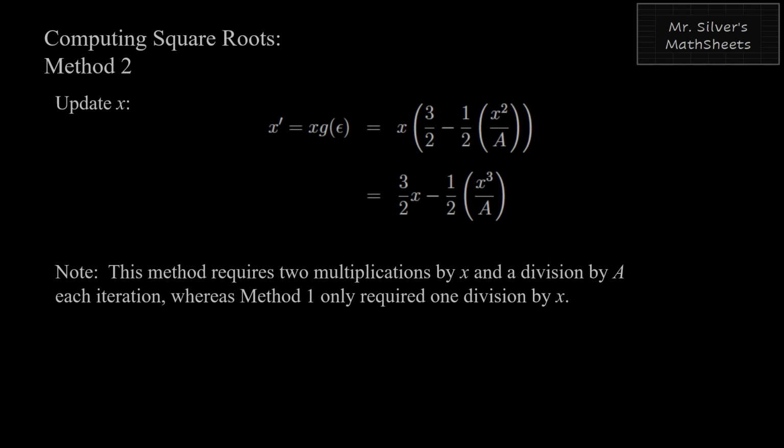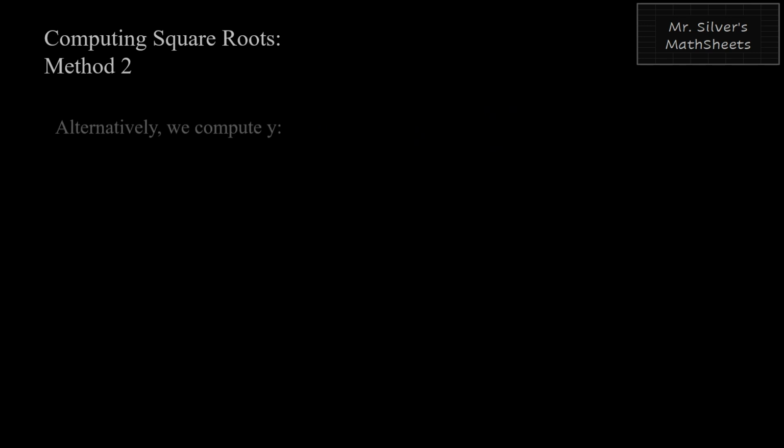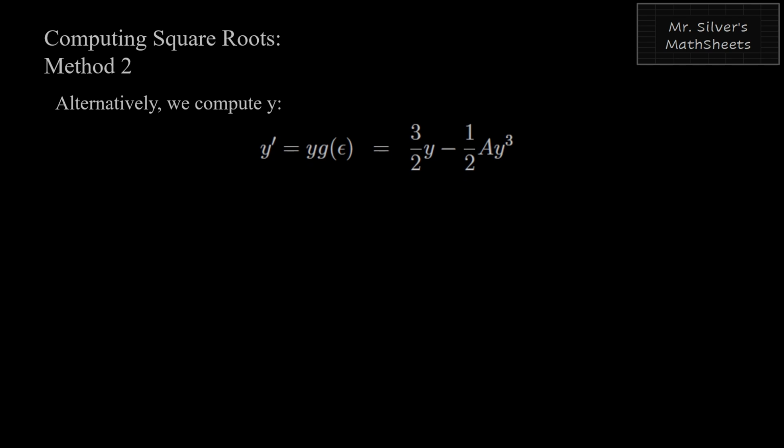The method requires using a kind of a trick. And the trick is we'll take the a that's now in the denominator and put it in the numerator. Of course, that changes the calculation. We'll call that new calculation y. But notice what this does. y will converge to 1 over the square root of a.